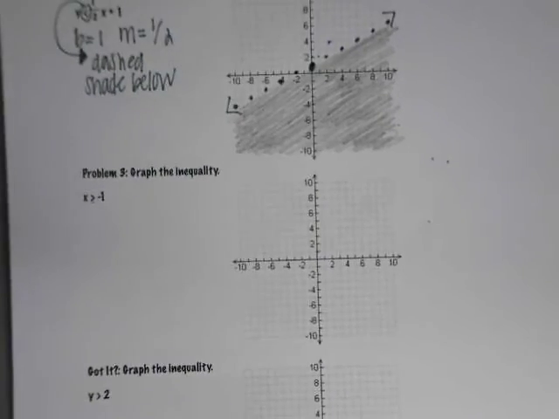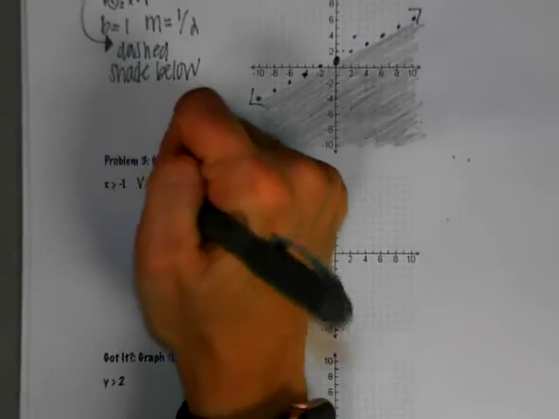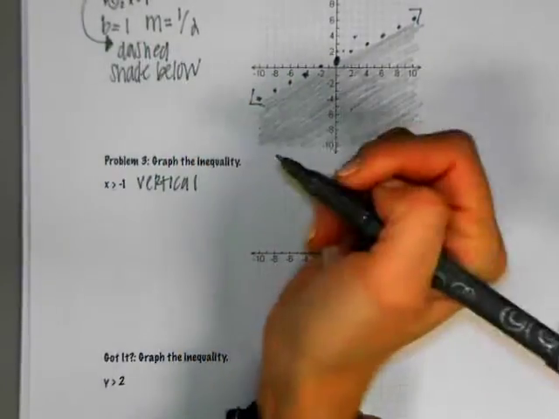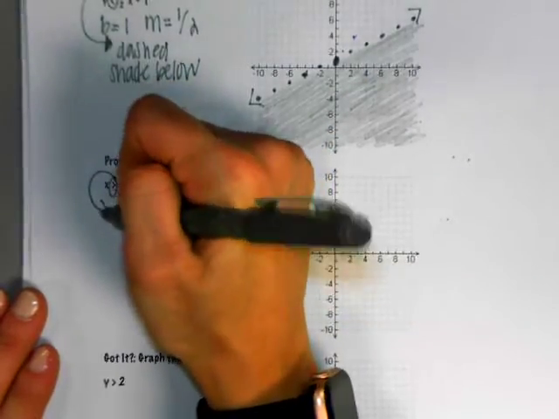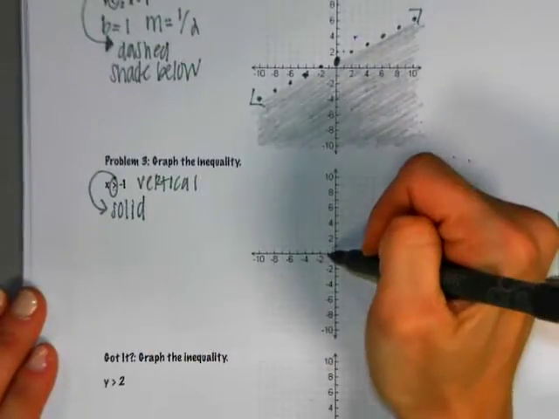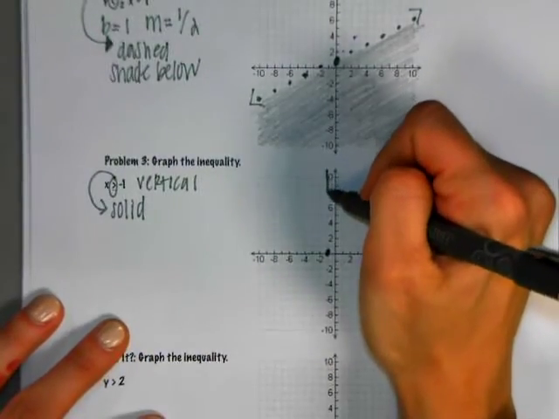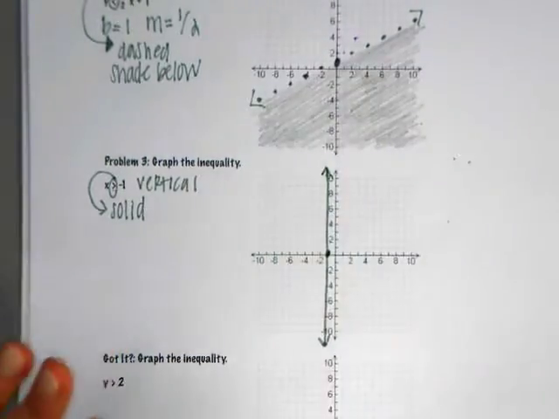All right, next one is x is greater than or equal to -1. Do you remember what kind of line that is? It's a vertical line. Because x, no matter what, is -1. So at -1, we're going to do a dashed or solid line? Solid. And then shaded above or below?